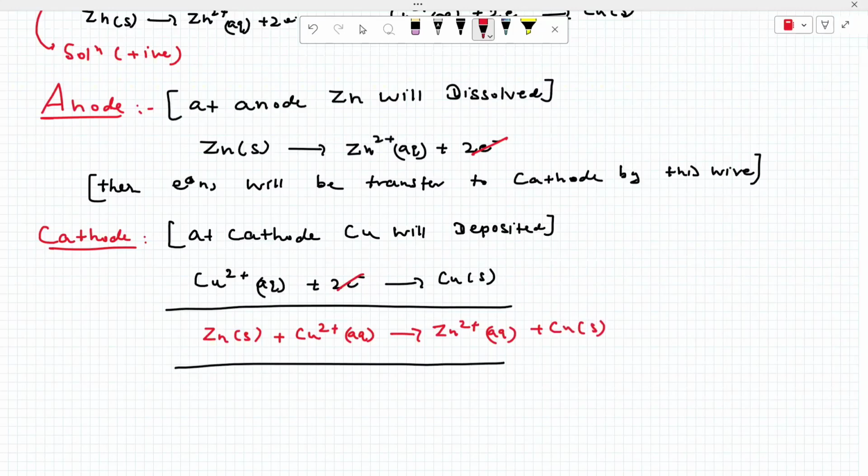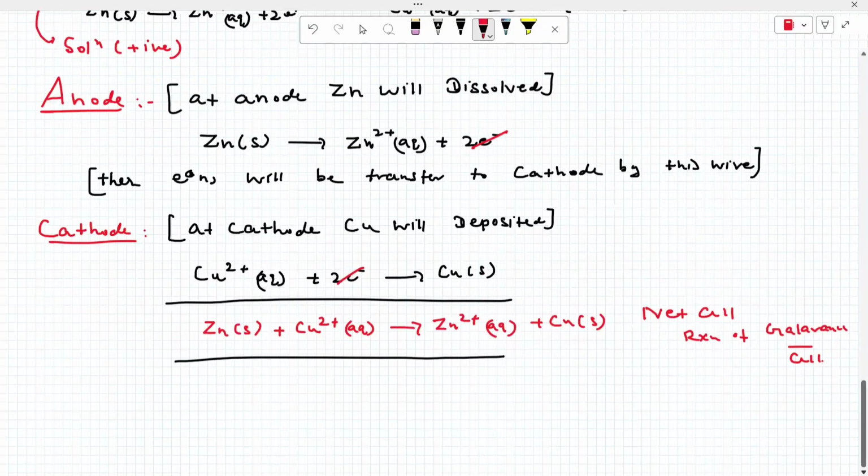This is the net cell reaction of the galvanic cell. This is an important basic one.